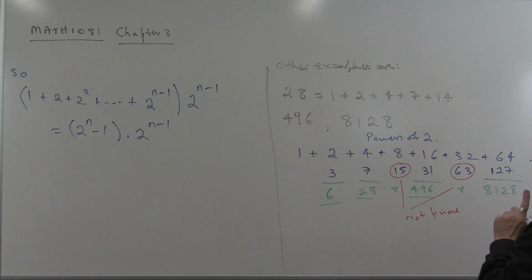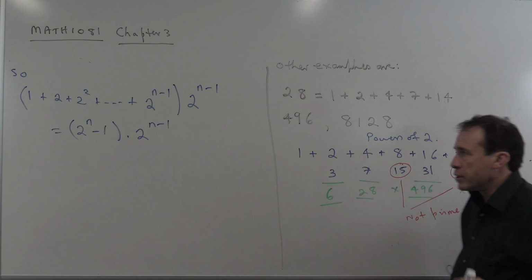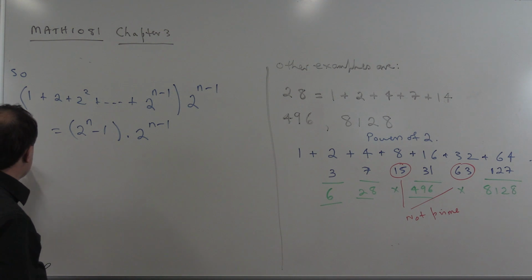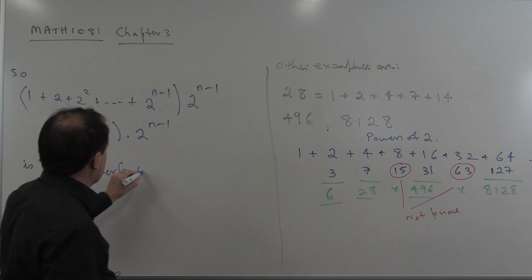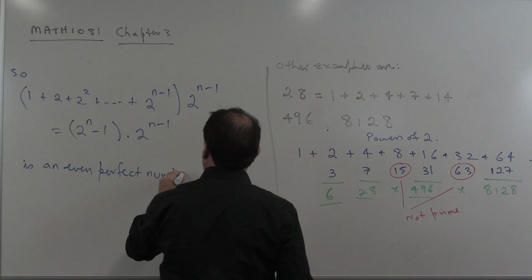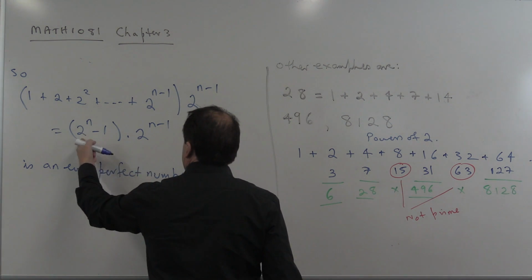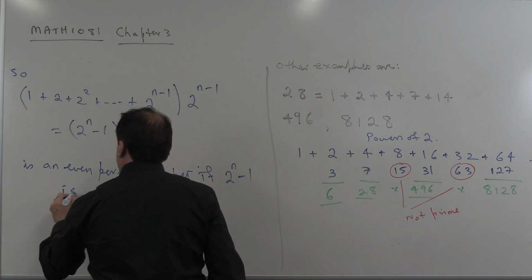Now remember, this only worked if these numbers were prime. So we need this. This is an even perfect number if this 2 to the n minus 1 is prime.